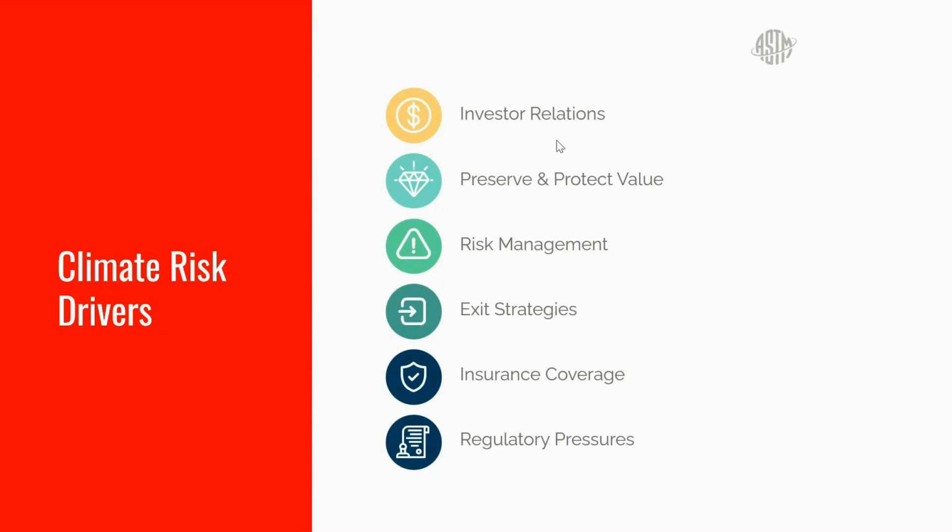And these can be separated into more specific categories dealing with investor relations, protecting and preserving value of your properties, a general integrated risk management process to avoid losses and enhance business or operational continuity, exit strategies, which is something that's more applicable to real property firms, and insurance coverage, as well as addressing regulatory pressures.